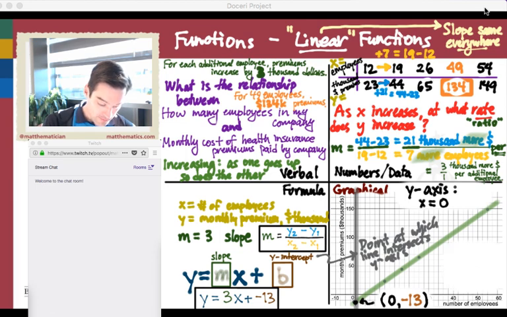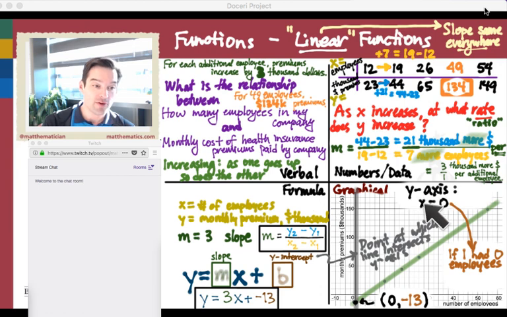So one way of understanding what this intercept is trying to tell me is by writing down: if I had no employees at all, 0 employees. That 0, again, coming from the value of x being 0 on my y-axis. So if I had no employees at all, then this number, negative 13, would be my y.